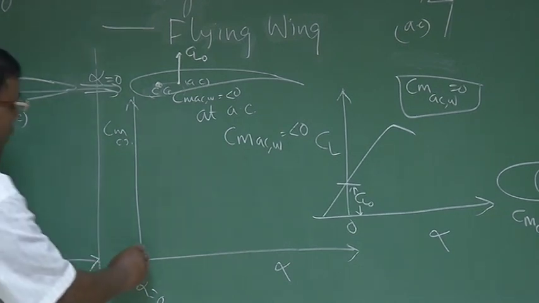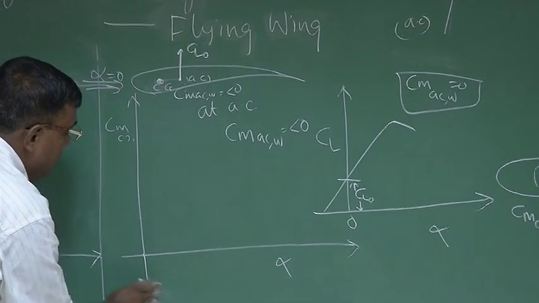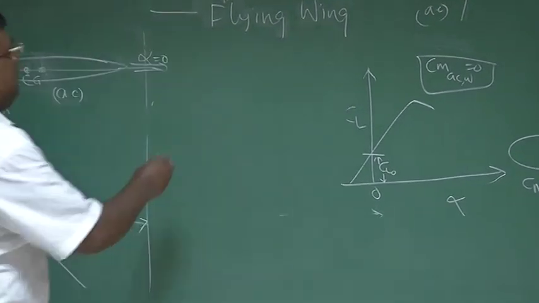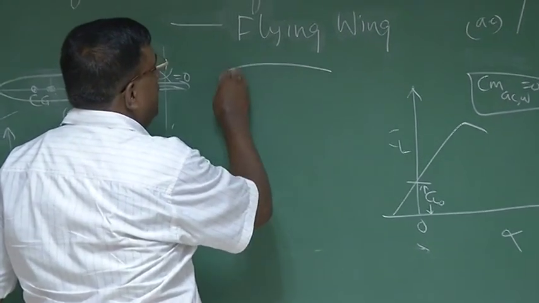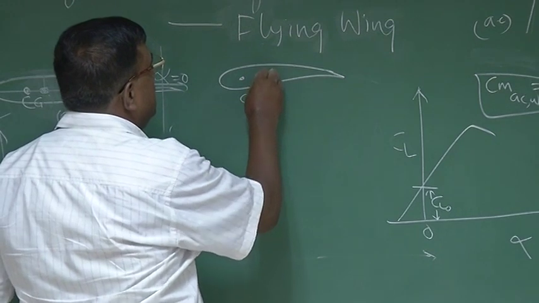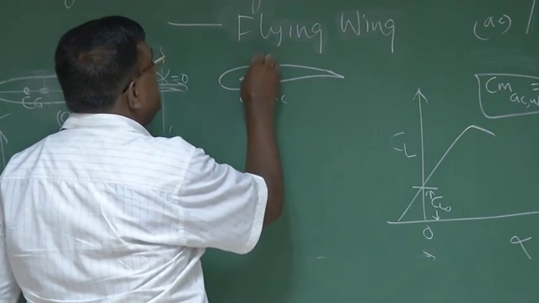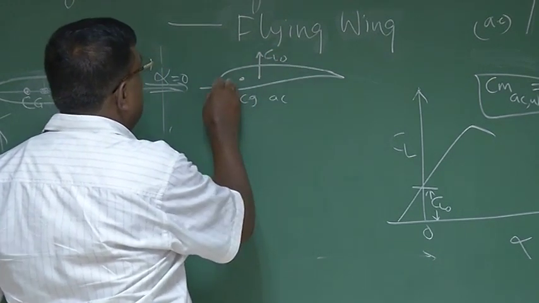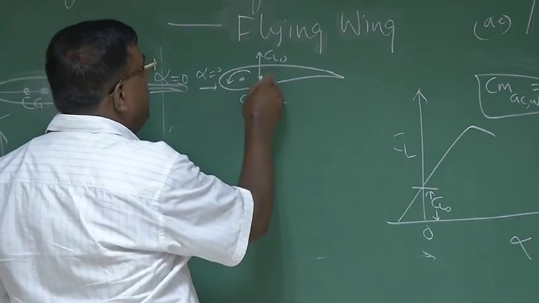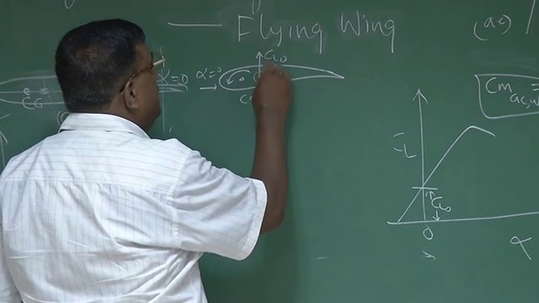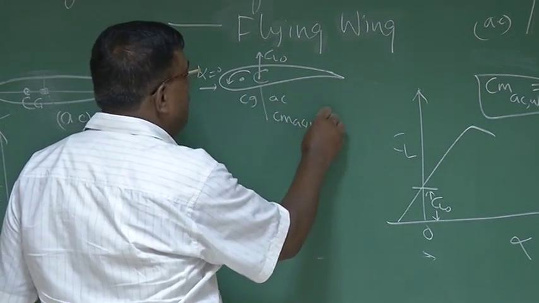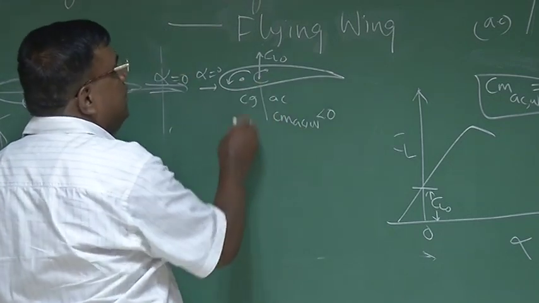So although this is statically stable, let me draw it. What we have observed, if this is the cambered aerofoil, this is the CG, this is the AC, since there is a CL naught at alpha equal to 0, this will give a nose down moment, plus you know that CM AC wing is also less than 0, that is opposite of this sign.